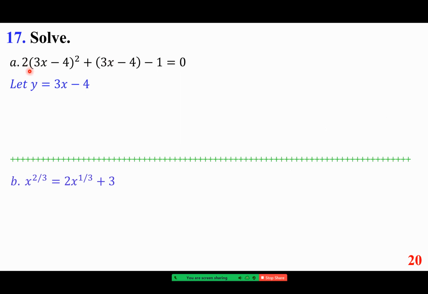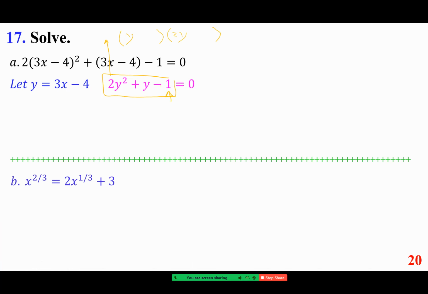Then you have 2y squared plus y minus 1. And there are different methods to solve this. Factoring will do the job. Remember, 2 is a prime number, so it's easy to say 2 is 1 and 2. You can say 1y and then 2y.